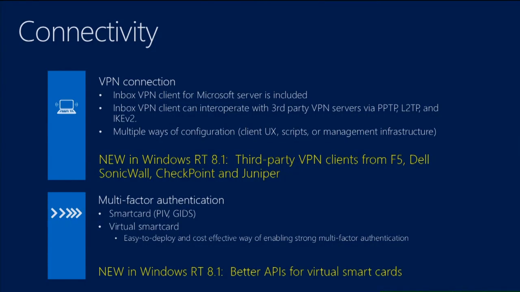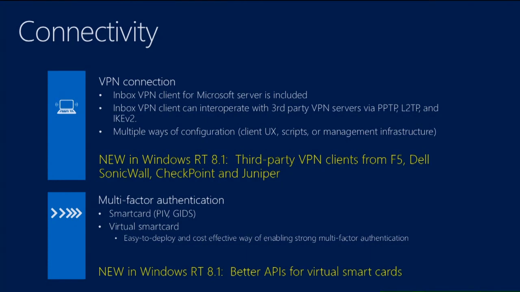However, most of you aren't. Most of you are running more specialized VPN backends that have moved to SSL, that are using more advanced authentication protocols, that are using more advanced two-factor authentication approaches. So you couldn't make VPN connections without reconfiguring your back-end VPN servers to allow different connectivity profiles for Windows RT devices.